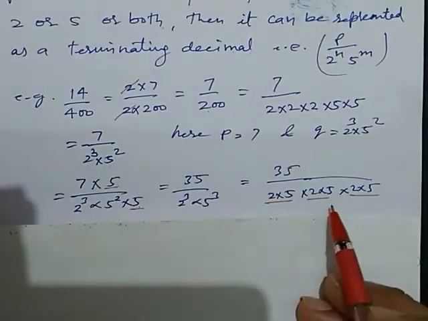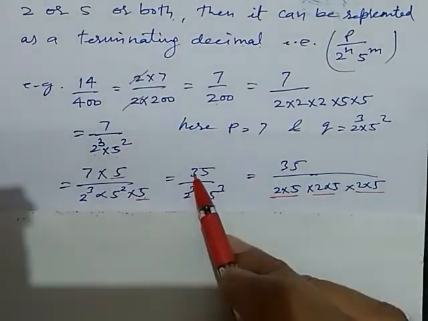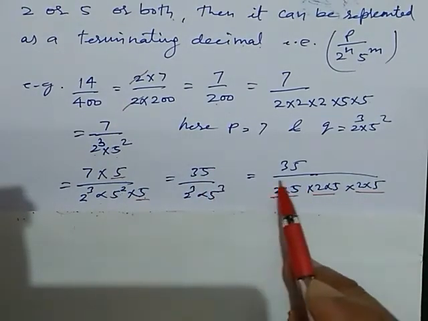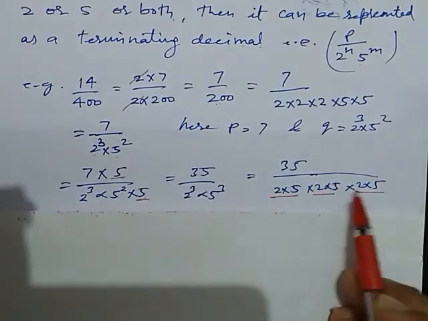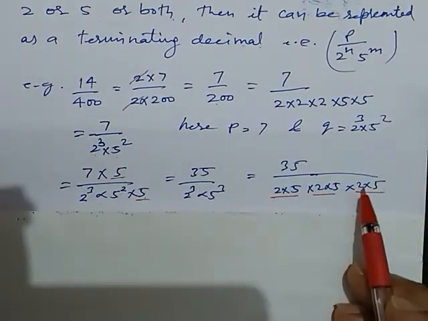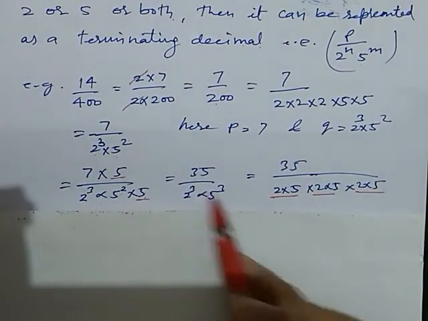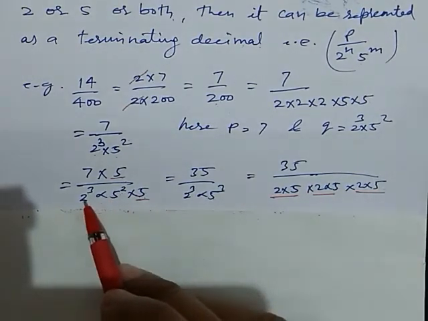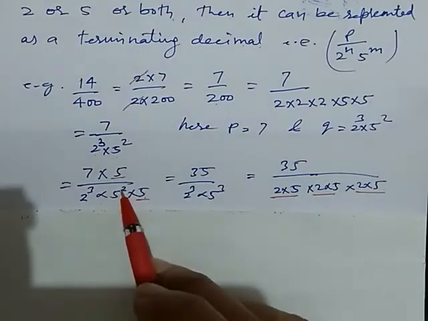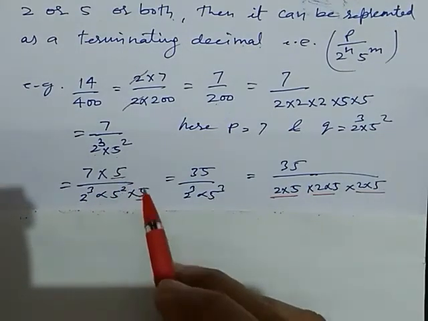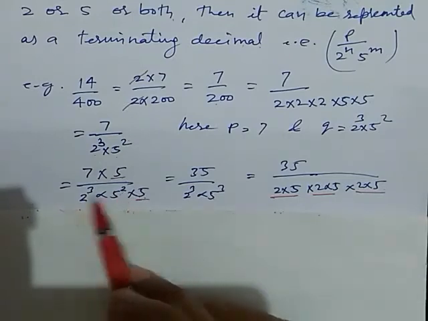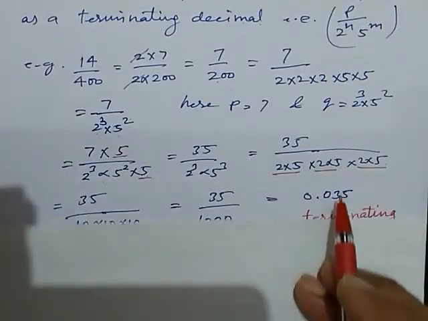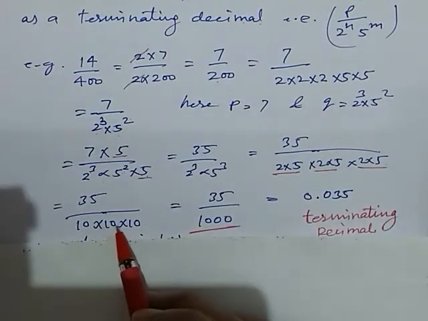So we can write it as 35 as our numerator, and the denominator is the pair of 2 and 5: 2 into 5, 2 into 5, 2 into 5. Here 2 appears 3 times and 5 is also 3 times. So if we have any difference in their powers, then by multiplying numerator and denominator, first we equalize the powers and then convert the denominator into 1 and 0s.